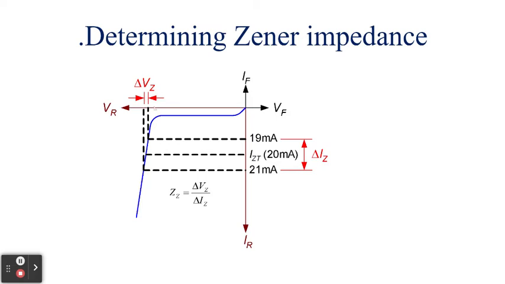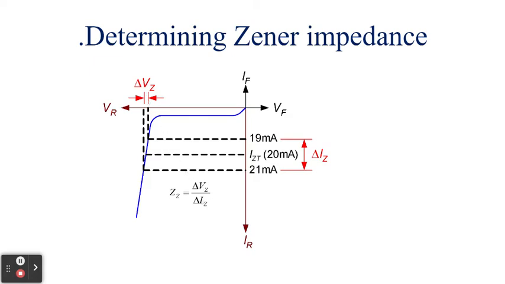When you subtract that VZ, which refers to the occurrence of 19 milliamperes here, there will be a particular VZ here, and that VZ for sure is a little smaller than the point where the 21 milliamperes occurs. So the other point minus this point of the VZ will give us the delta VZ, or the change that occurs in the VZ.